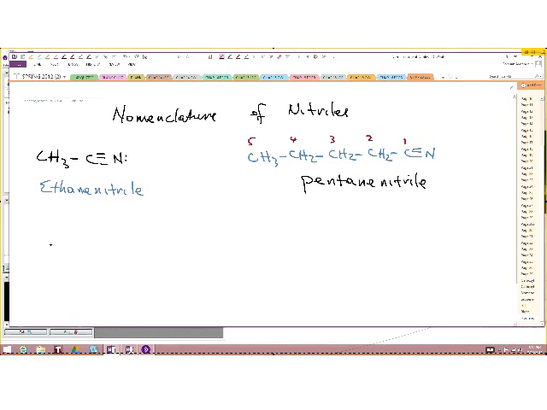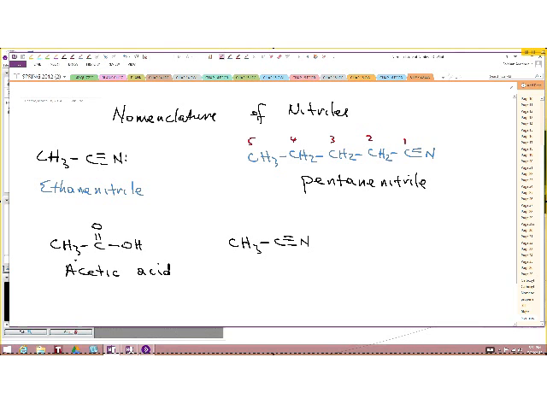Now, sometimes, particularly for some of the simple nitriles, you could derive the name from the corresponding carboxylic acid. For example, if we have this molecule here, we say this is acetic acid, right? We told you that this is an accepted IUPAC name for that molecule. Now the corresponding nitrile for this would be this here. It has 2 carbon atoms.